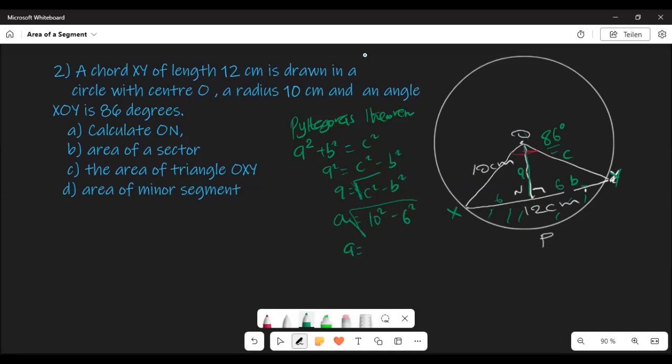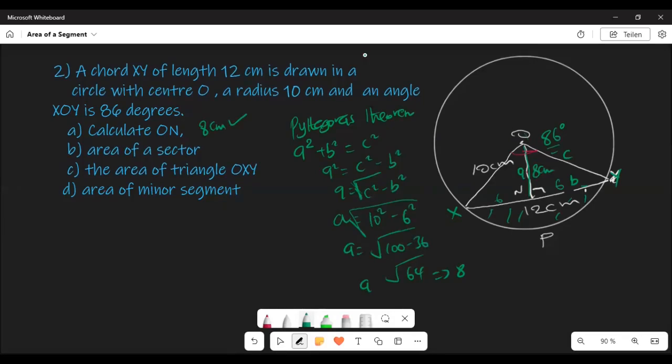So A is the square root of 100 minus 36, which is the square root of 64, which is 8. So ON is 8 centimeters, and 8 centimeters is the answer.